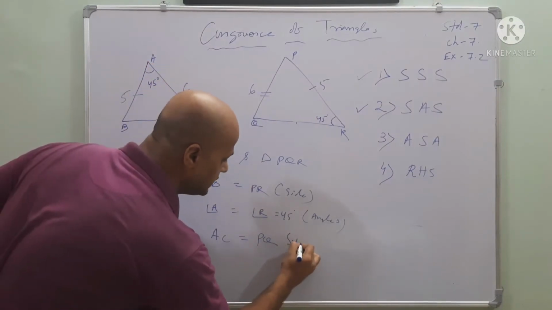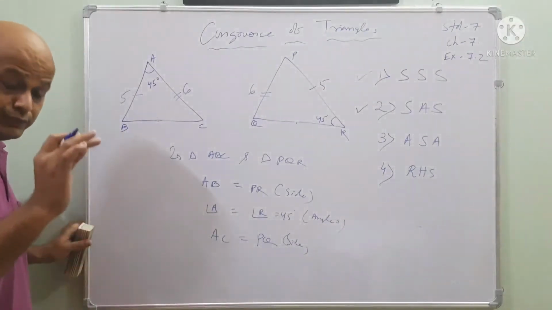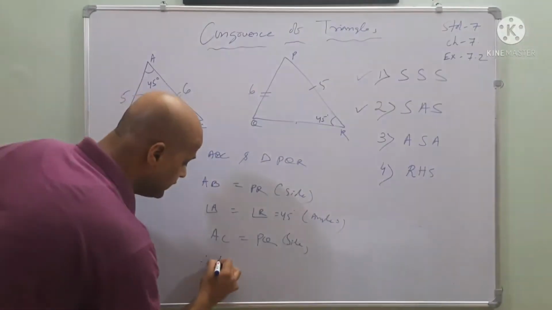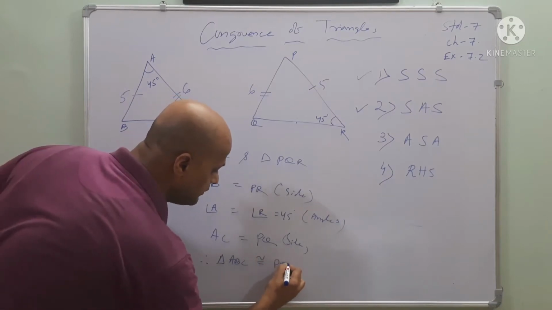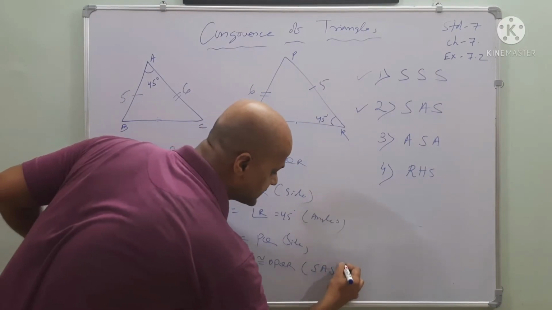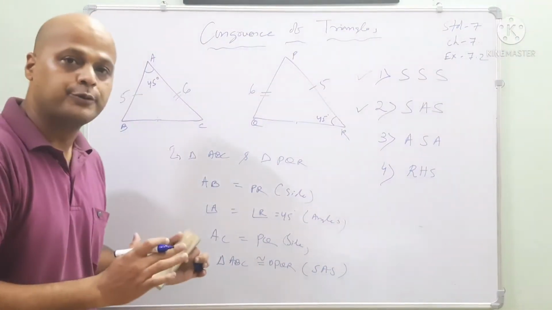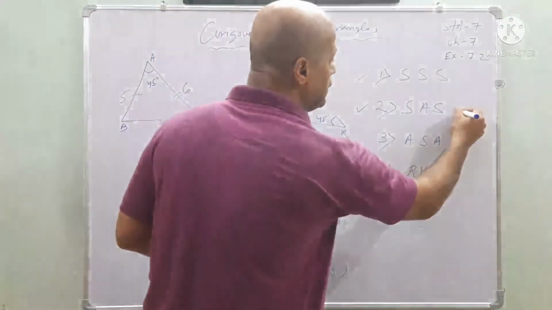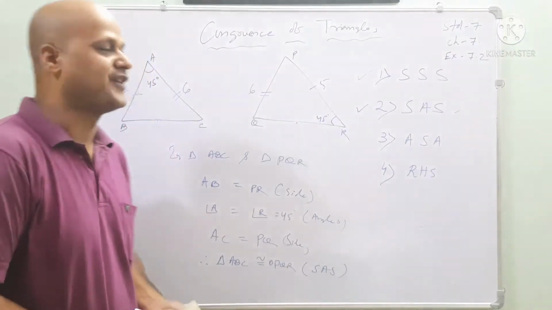Right, here a side. So side angle side has come here. Therefore, I write triangle ABC is congruent to triangle PQR by which rule? By SAS rule. In this manner, you have to prove using the SAS rule. Understood? Very good, my dear friends.